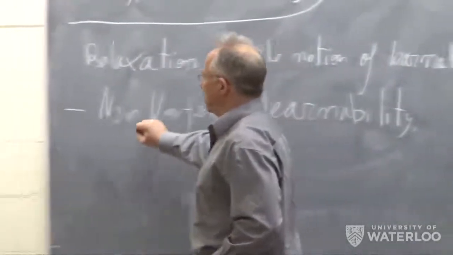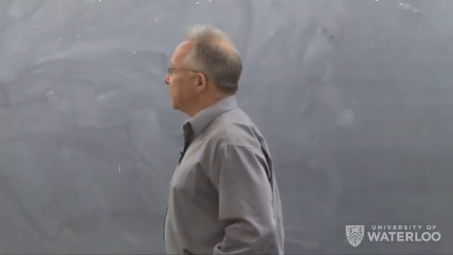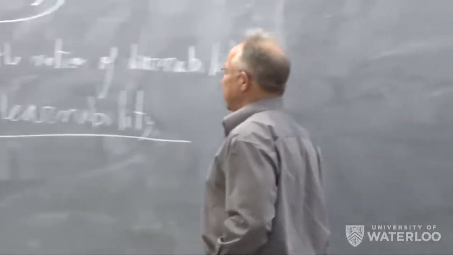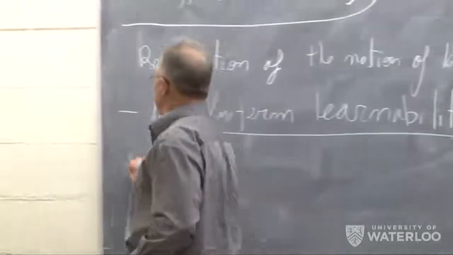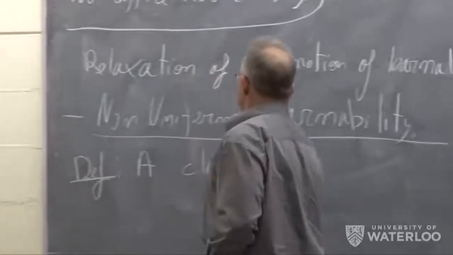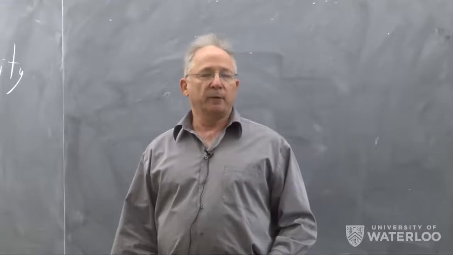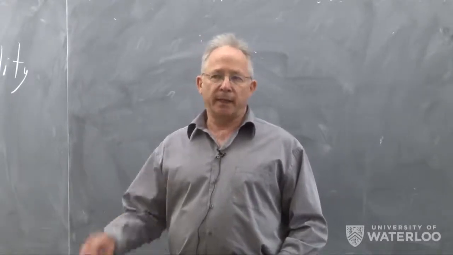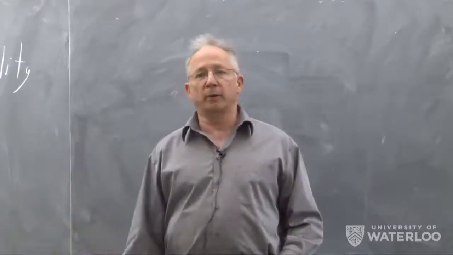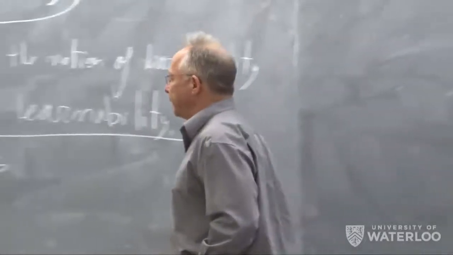Now, let me remind you what the definition was and in what sense it was different than the definition of usual learnability. The definition is: a class. We are in exactly the same setting as before. We have a domain X. We are trying to predict some binary label, say 0, 1. And a class for us is a collection of functions from X to {0, 1}, a collection of classifiers.